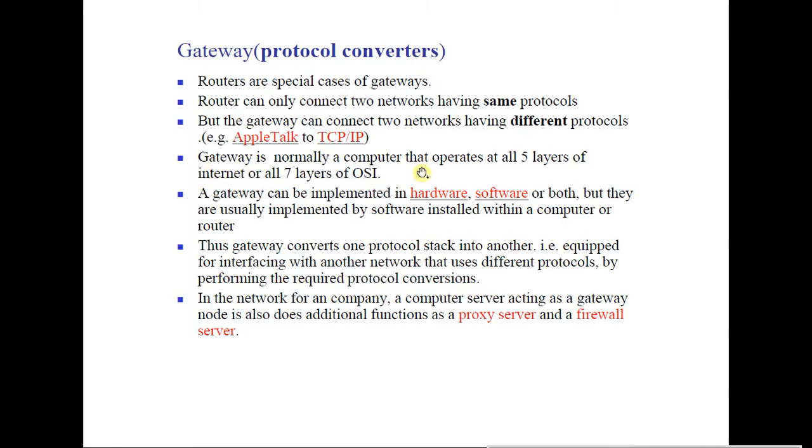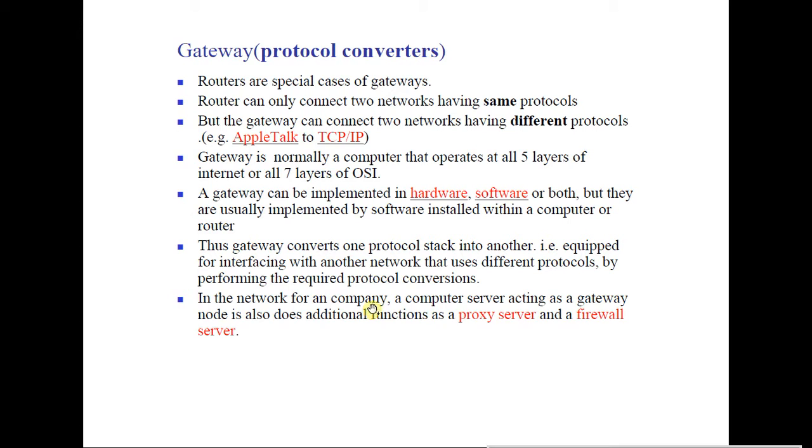A gateway is normally a computer that operates at all the 5 layers of the internet model or all the 7 layers of OSI. A gateway can be implemented in hardware or software or both, but it is usually implemented by software installed within a computer or router. The gateway converts one protocol stack into another.